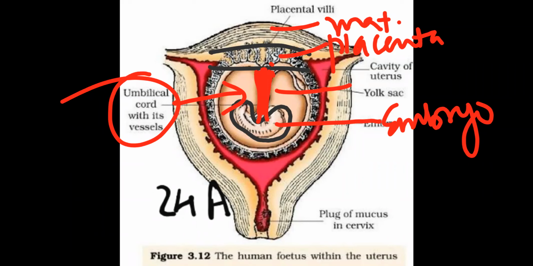But then from the placenta, this connecting stuff that is developed, called umbilical cord, doesn't belong to mother. It is only the embryonic tissue or fetal tissue, which at the other end remains connected to the embryo. This is the embryo. So always remember that the umbilical cord is a structure which belongs exclusively to the embryo part and not the mother side. And it is not a placenta even.